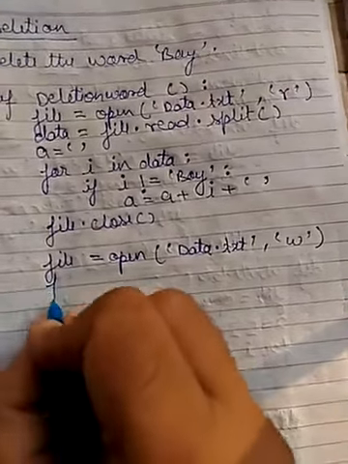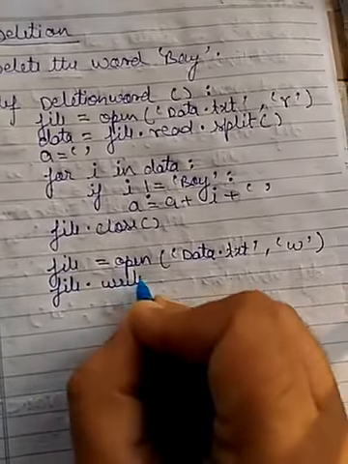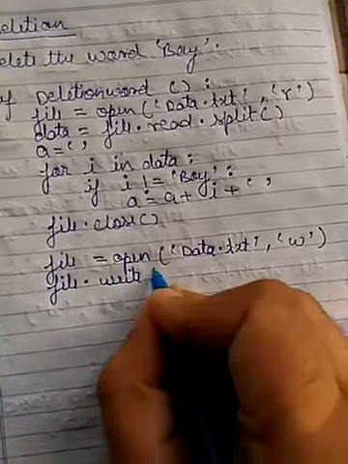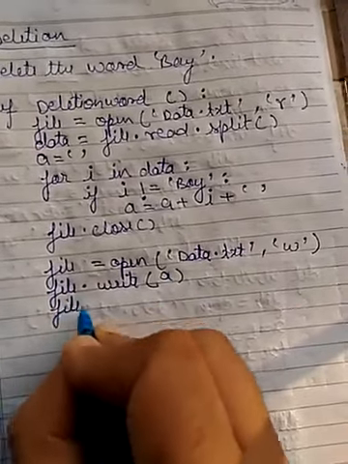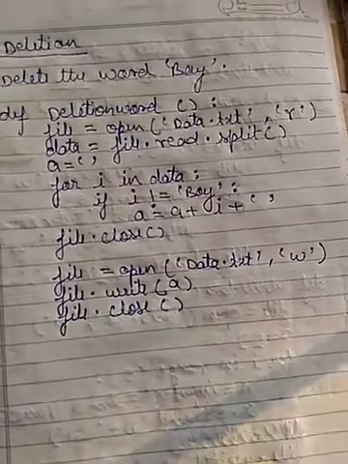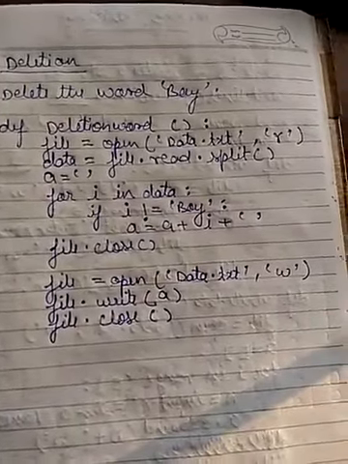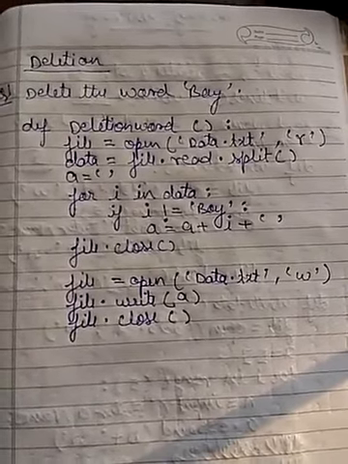Then simply file.write(A). Now file.close(). So in this way you can delete the content of the file.